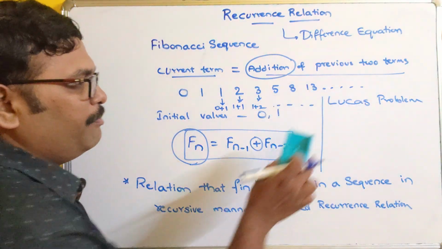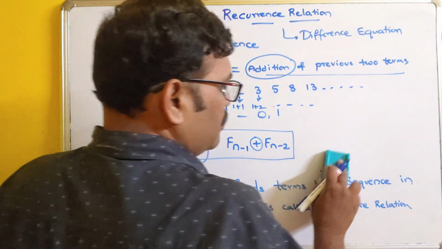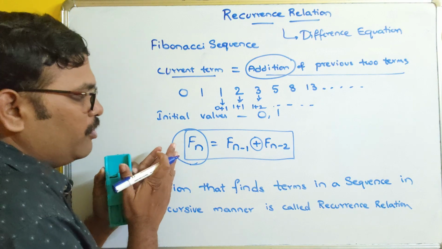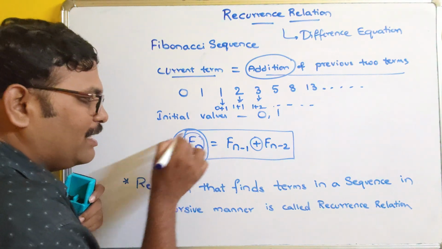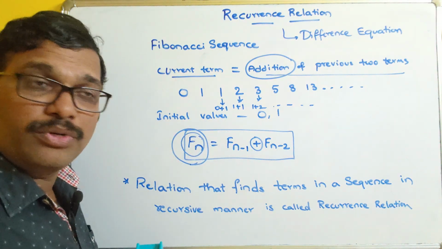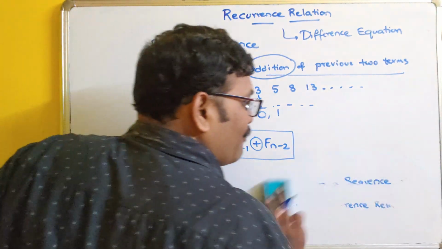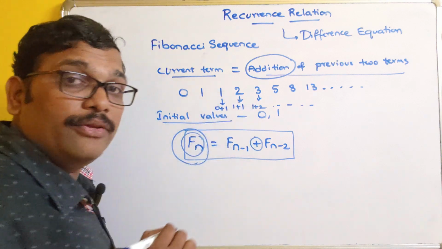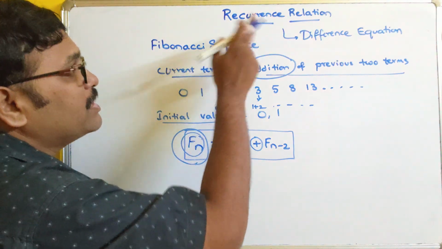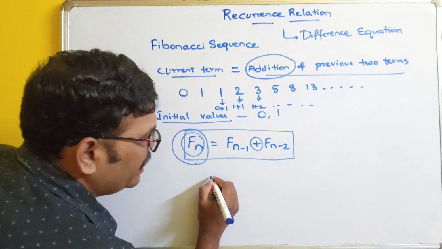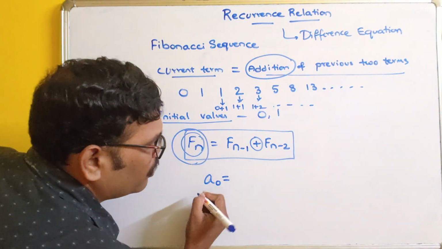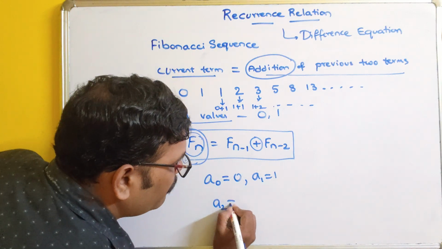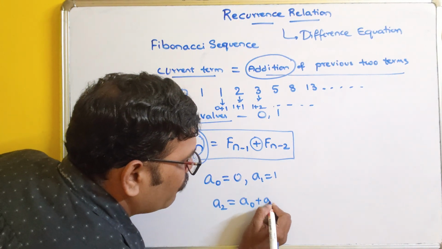See, one thing before going to the Lucas sequence. Here, Fn will be the current term, which depends upon the previous two terms. For every sequence, we'll have some initial values. For example, if you take the Fibonacci sequence, the initial values are A0, which is 0, and A1, which is 1, and from A2 we connect with A0 plus A1.